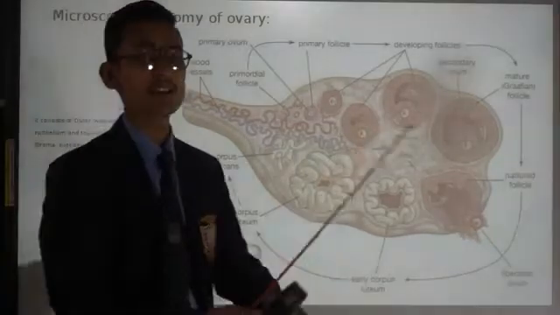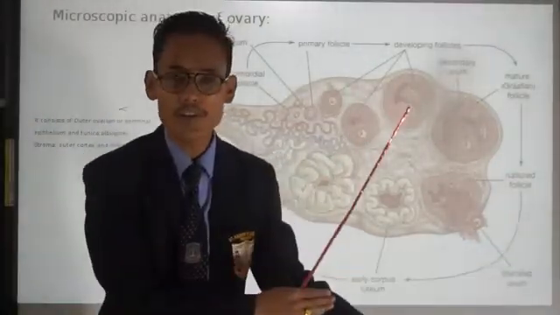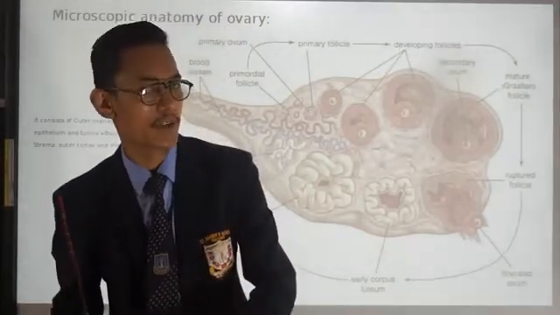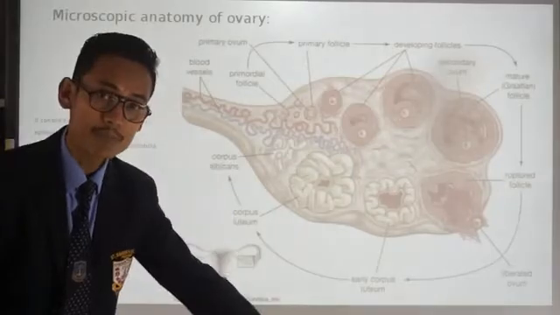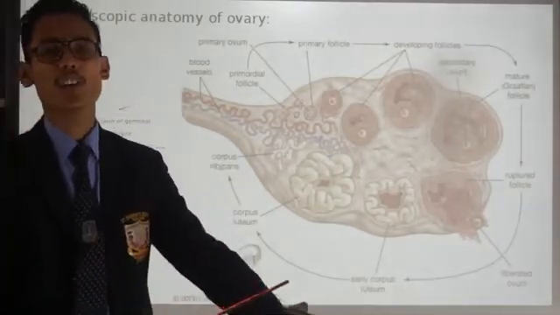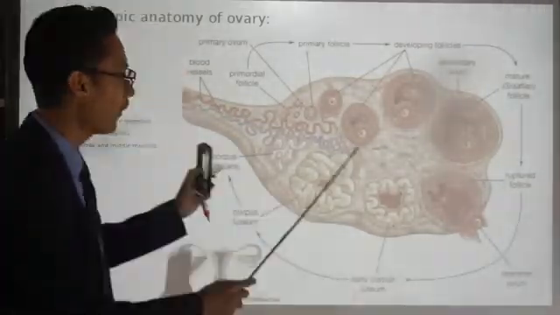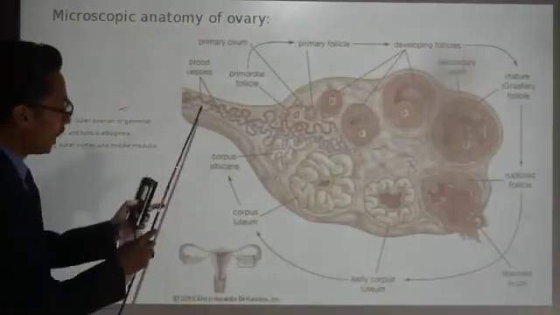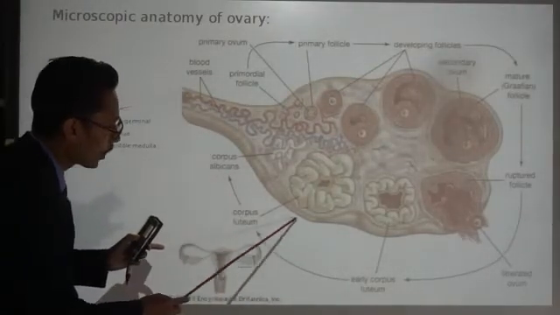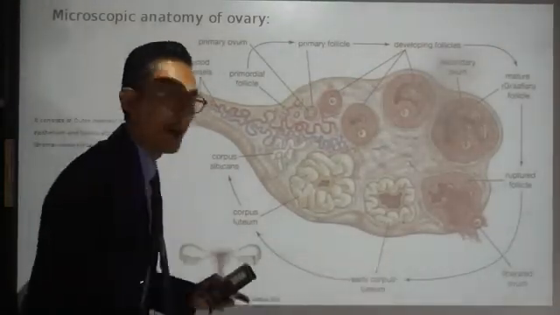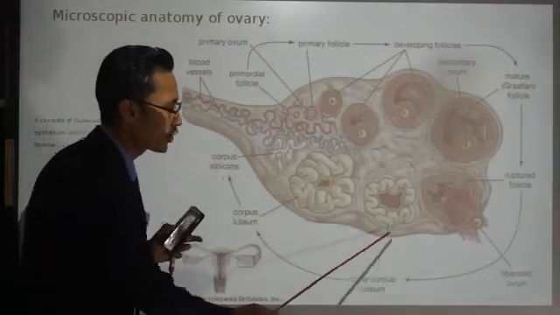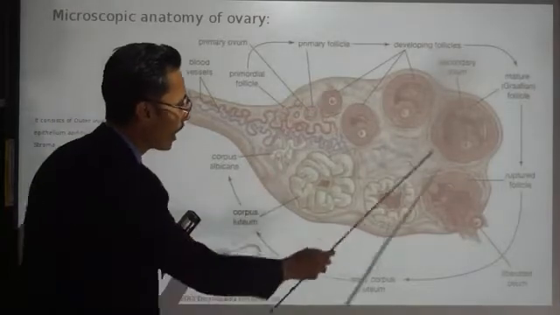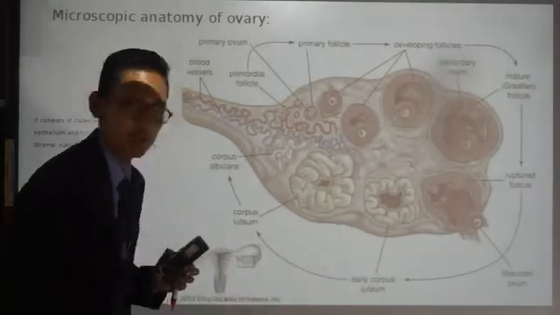Now the stroma has two regions, the outer region and the inner region. The outer region is called the stroma and the inner region is called the medulla. So look at the figure over here. This outer part of the ovary is called the stroma and the inner part is called the medulla.